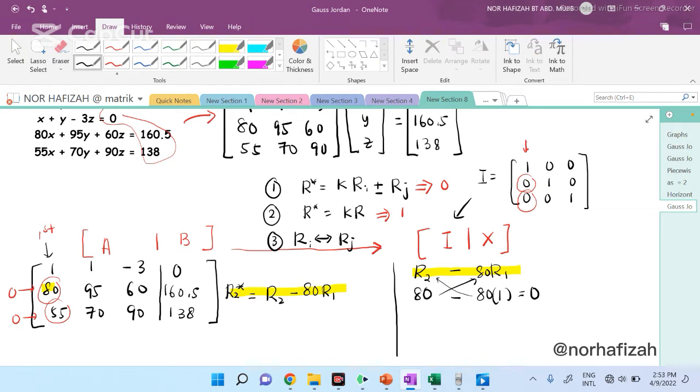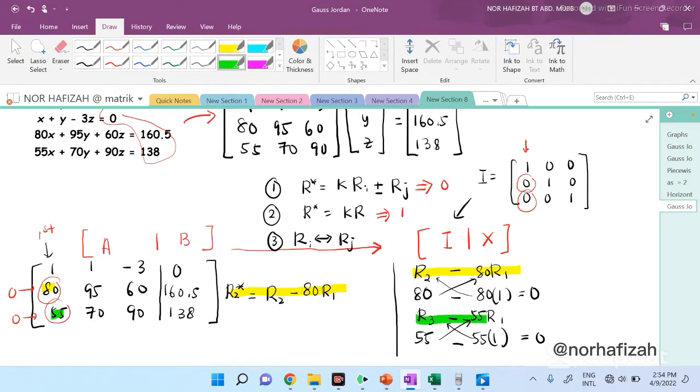Next, row 3. We do it with row 1 also. The element in row 3 is 55, so you write 55. Row 1 is still 1, so cross multiply: 55 times row 1. To make it become 0, the operation is still minus.